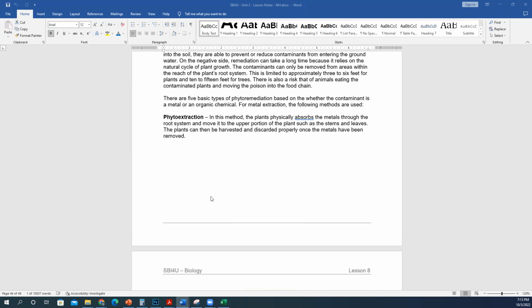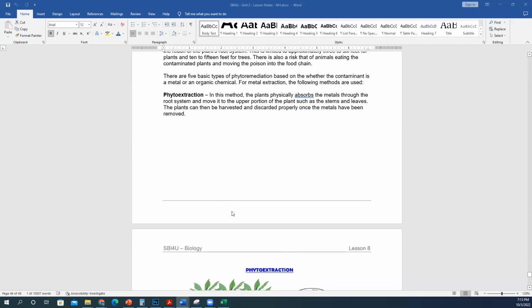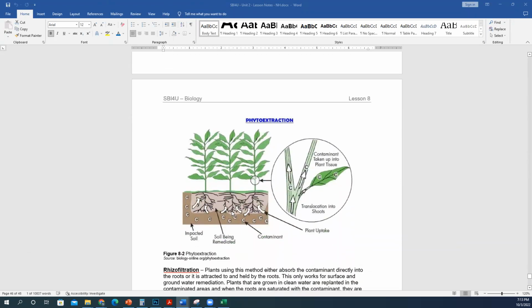All right. So one of them is phytoextraction. Here in phytoextraction, the contaminant is taken up by the plant from the soil by the plant's root system. So here you can see that the contaminant that's in the soil can only be removed as far as the roots have access to soil.